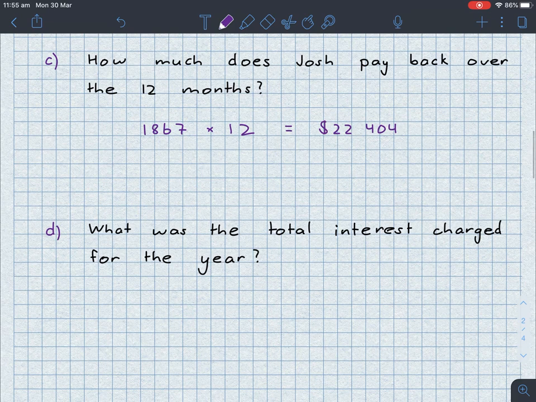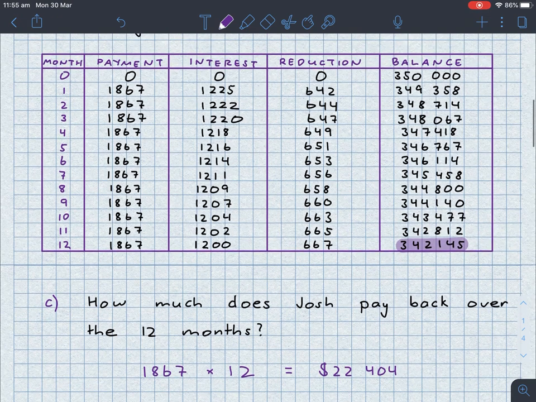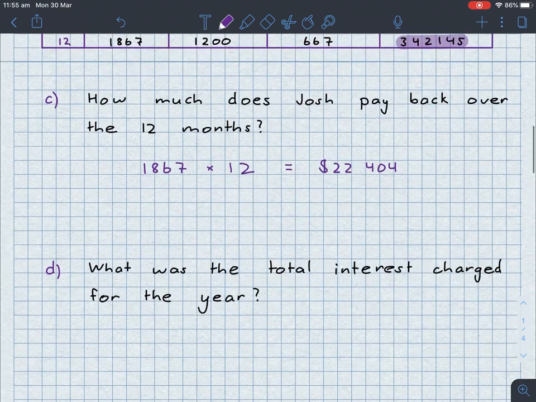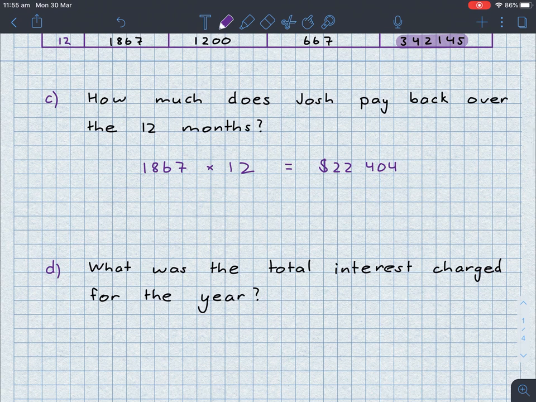Part D, what was the total interest charge for the year? There's 2 ways to do this. The long way is to go back and add up all 12 different amounts of interest for the year to get your total. The short way is to say that we started with $350,000. We ended up with $342,145. So the amount that was actually reduced in the balance of the loan was $7,855.